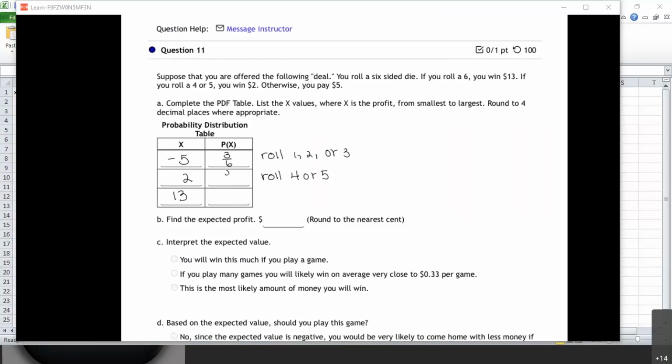That's 2 out of 6. And the $13 giant payoff is only if I roll a 6. There's only one of those. And again, you can see it's a probability distribution because 3 plus 2 is 5, plus 1 is 6. So there's the probability distribution.